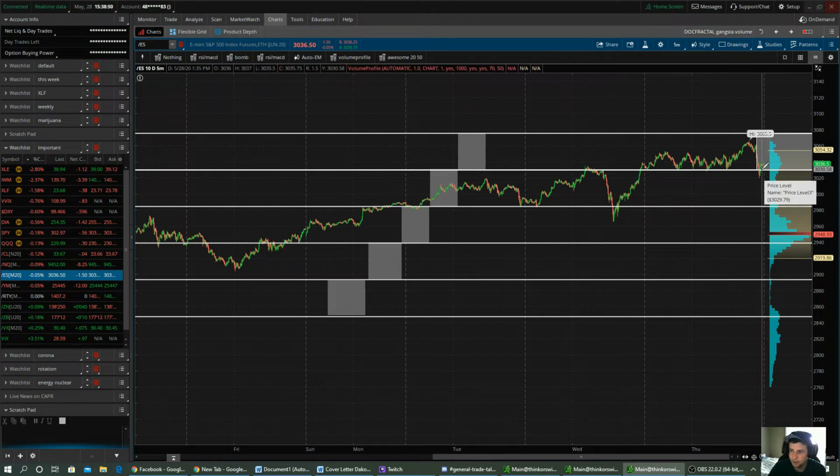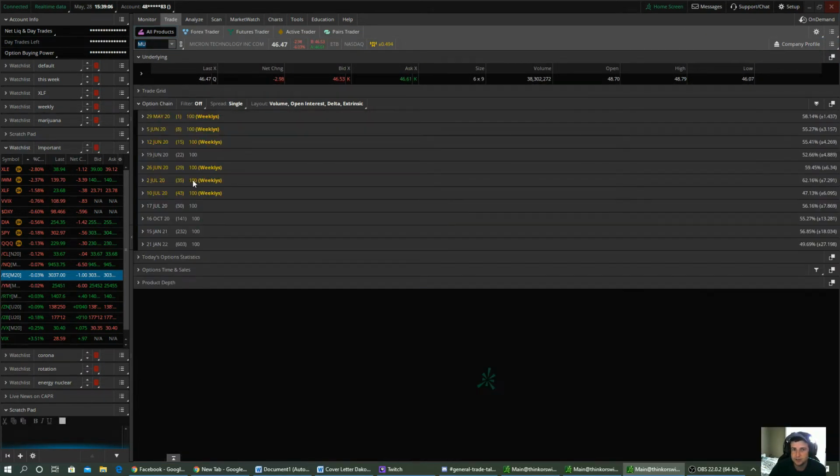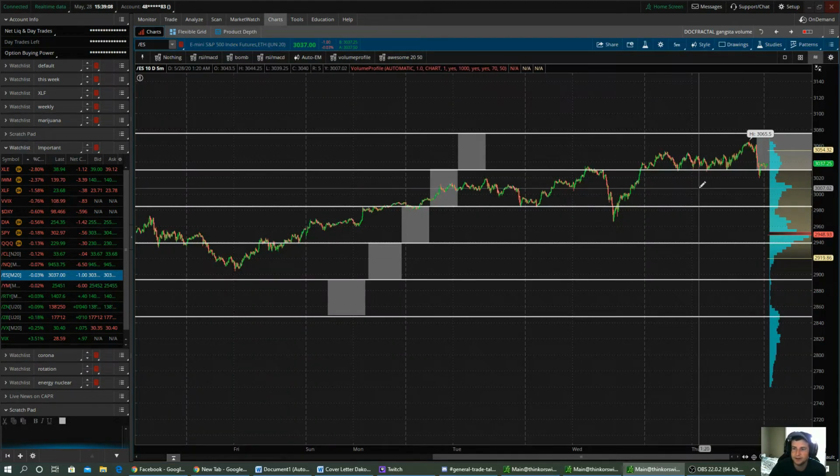Now, this support level is not just regular old support, but it also falls within the expected move for the week. So last Saturday, I went into the option chain and I saw that for this Friday, it had a $75 expected move.